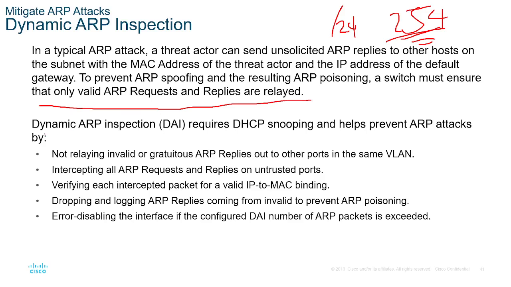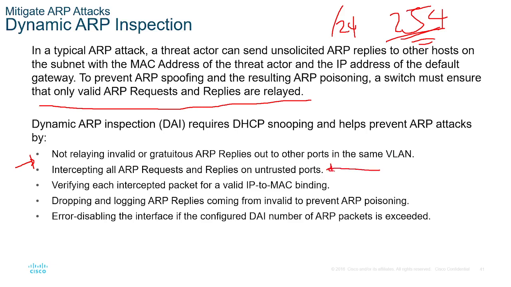So, dynamic ARP inspection, o yung DAI, requires DHCP snooping and helps prevent ARP attacks. So, not relaying invalid or gratuitous ARP replies out to the other ports in the same VLAN, intercepting yung mga ARP requests and replies sa mga untrusted ports.